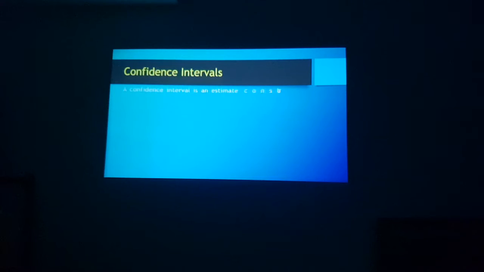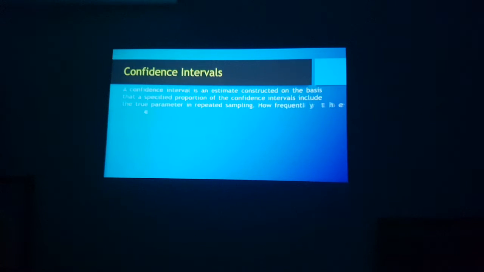A confidence interval is an estimate constructed on the basis that a specified proportion of the confidence intervals include the true parameter in repeated sampling.